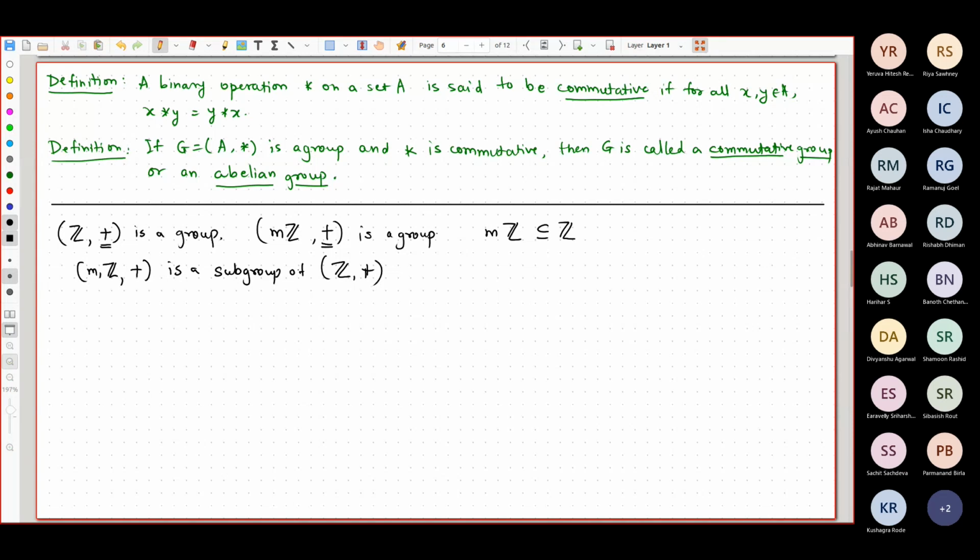The set of elements must be a subset and the group operation must be the same. That is equally important. Note that this group operation is just the restriction of that group operation to the set mZ. That's all.